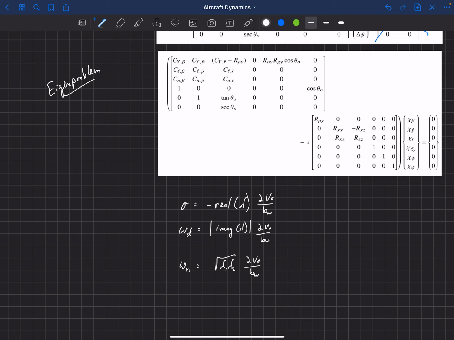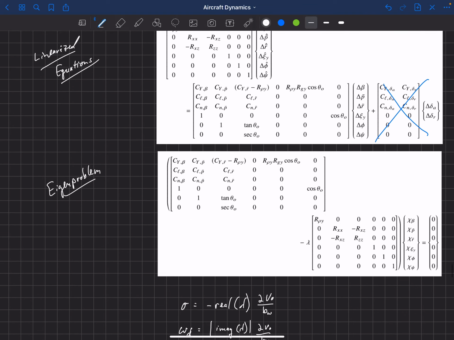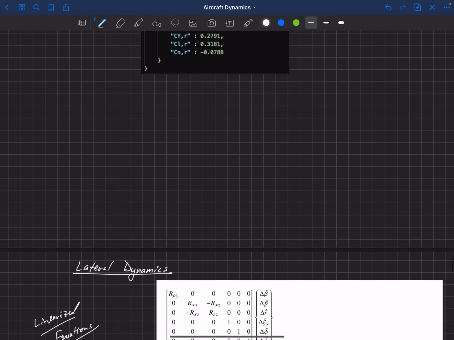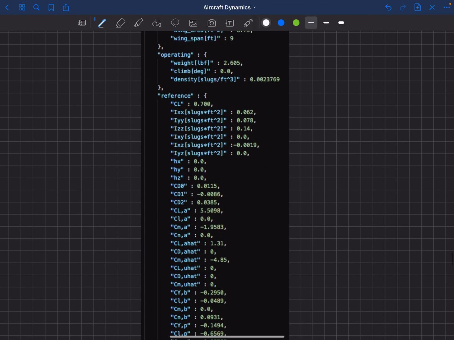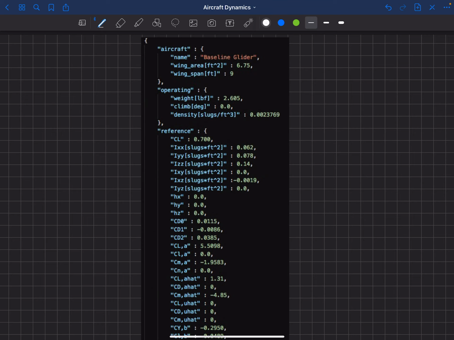So let's look at an example solution here based off of the same thing that we did for the longitudinal dynamics. We used this input file for this baseline glider, and so I'm using the exact same input file. It has all the information to compute both the longitudinal and the lateral dynamics of this glider.